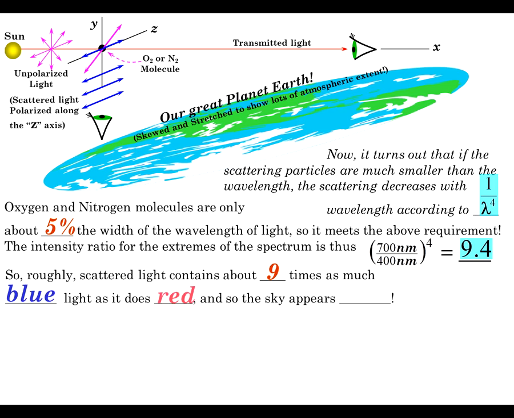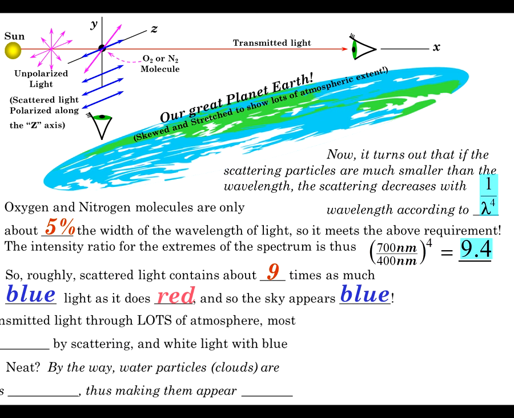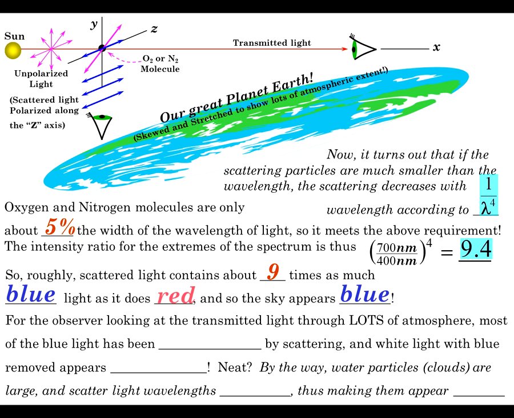So when you look up in the sky and see the blue sky, you're seeing sunlight, predominantly blue, and so the sky appears blue. Isn't that awesome? Now, here's the observer looking through a whole lot of atmosphere, and that atmosphere is given the opportunity for a lot of the blue light to be scattered out.